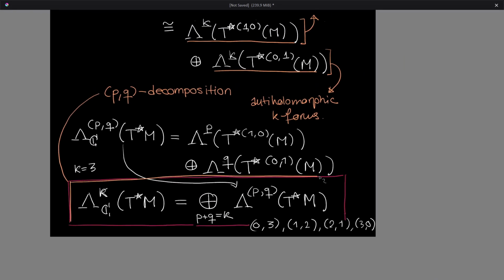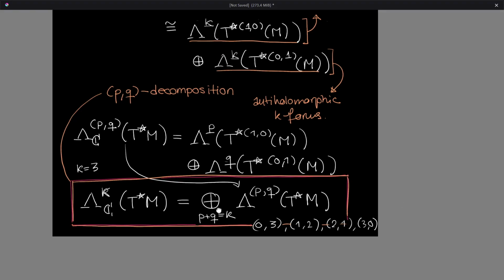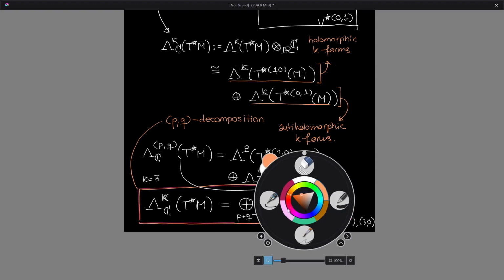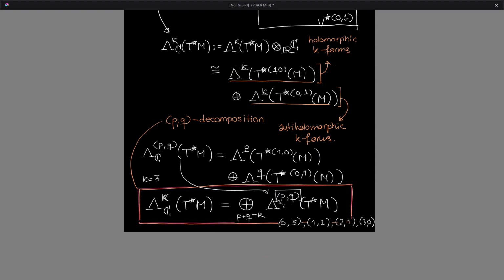Let me underscore that again, just because it's so important. The fact that we can decompose the kth exterior form bundle into this space.